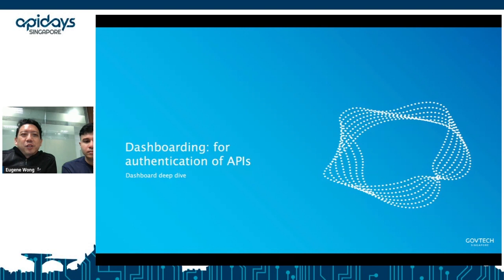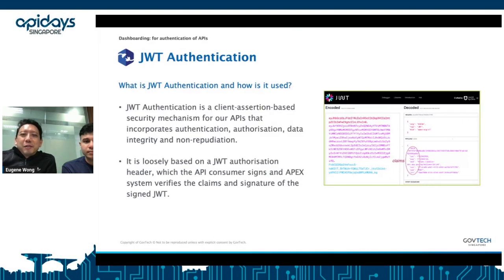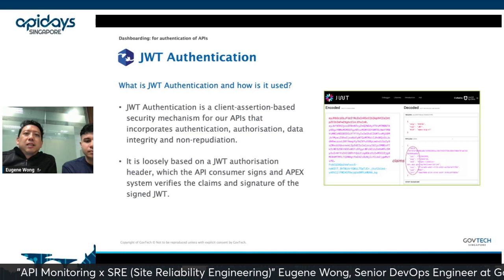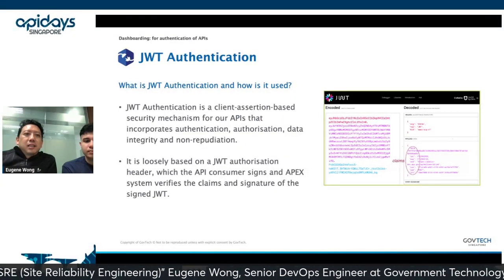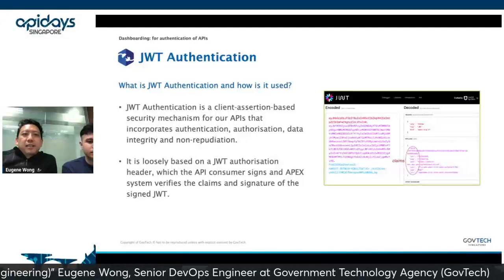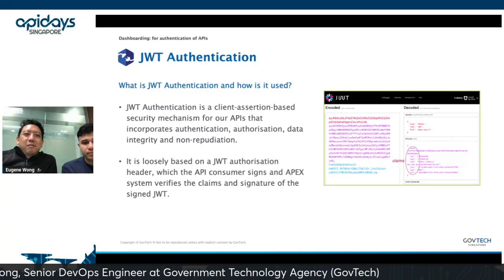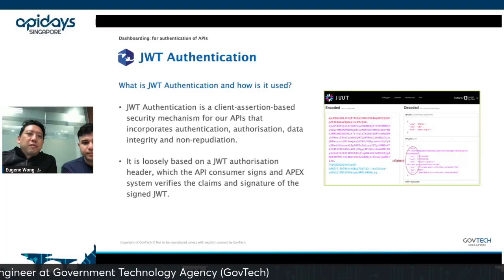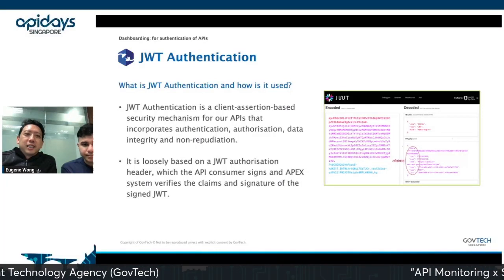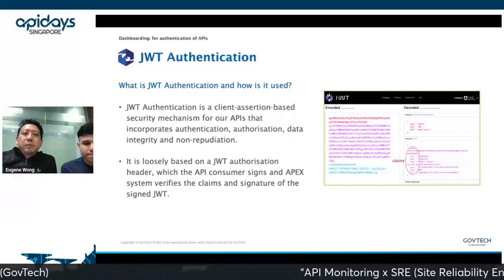Okay, next we will deep dive into dashboarding for authentication of APIs. So with that, we will give a little bit of introduction to what JWT authentication is. JWT authentication, which is the typical API authentication used in Apex, is essentially a client assertion-based security mechanism for APIs, which allows us to incorporate authentication, authorization, data integrity, as well as non-repudiation.